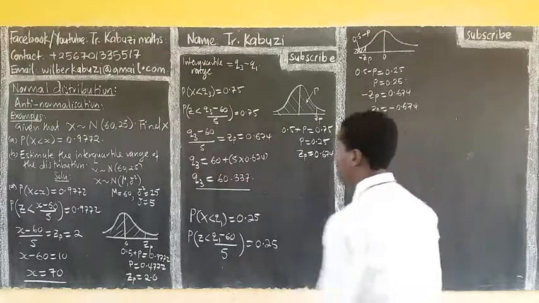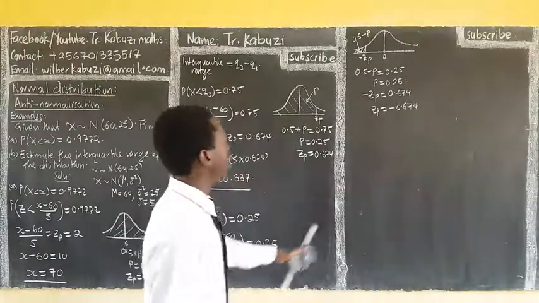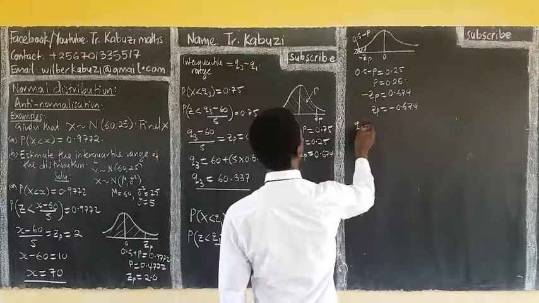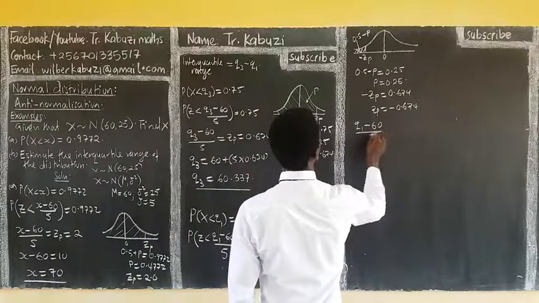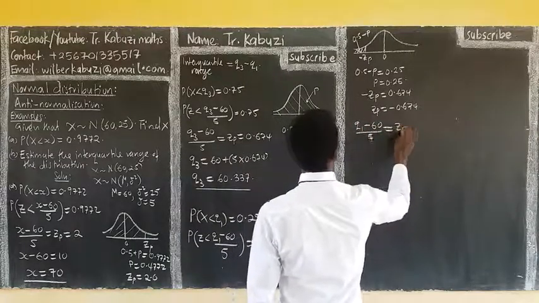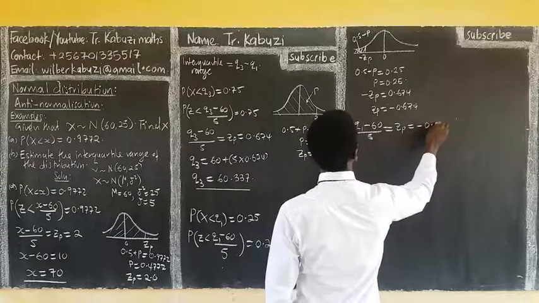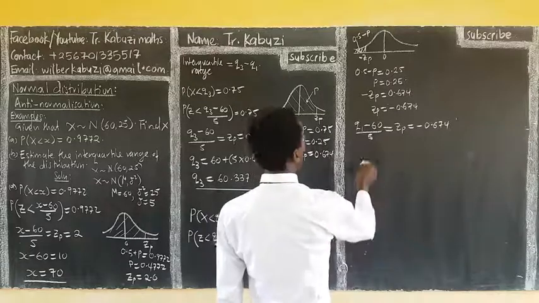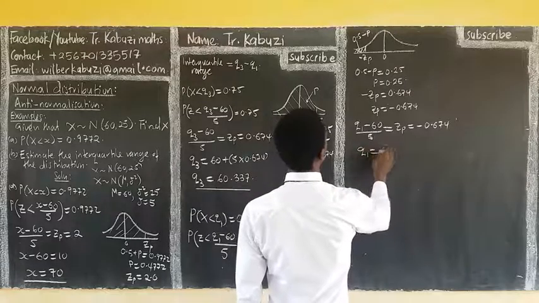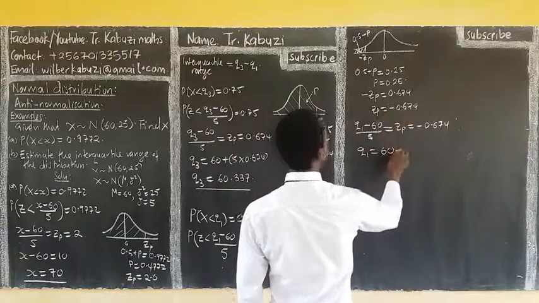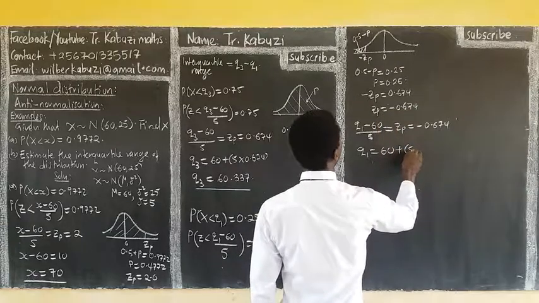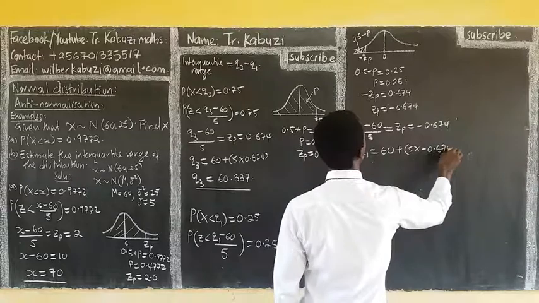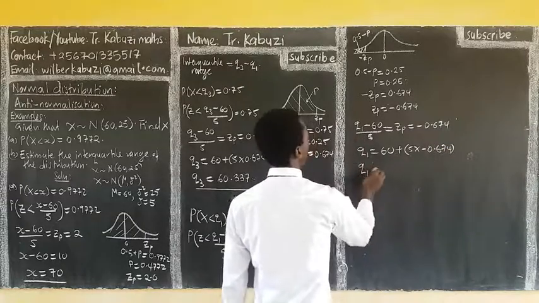So the whole of this is equal to that, implying that our Q1 is equal to ZP, which is negative 0.674. So from there our Q1 will be 60 plus 5 times negative 0.674.